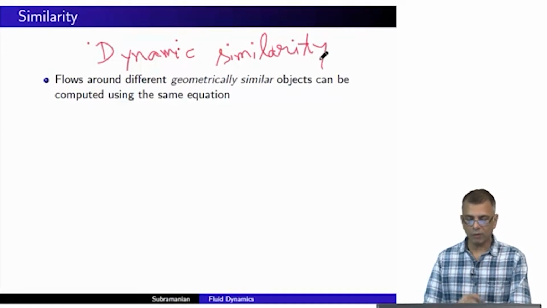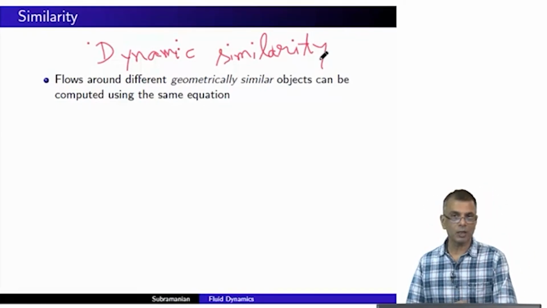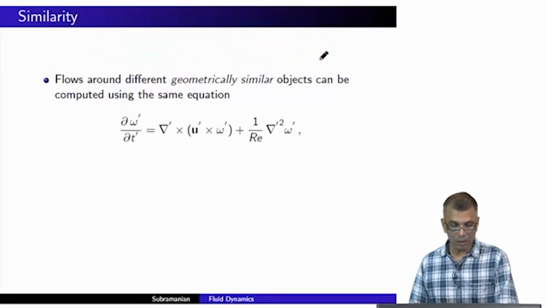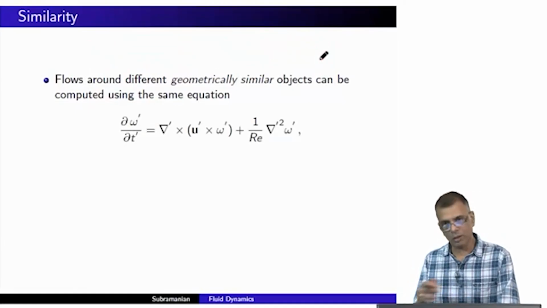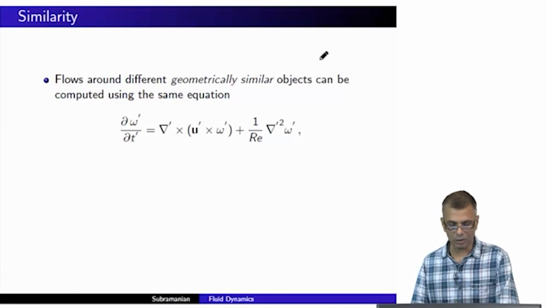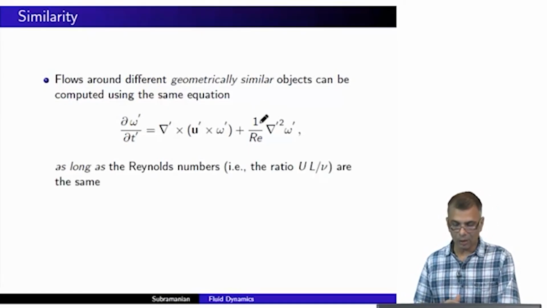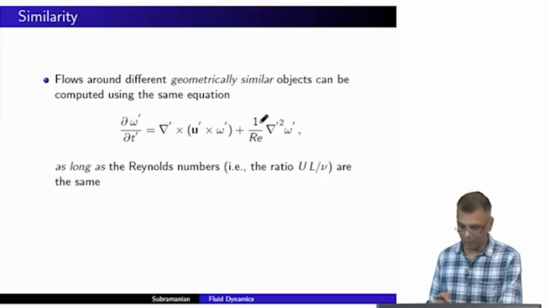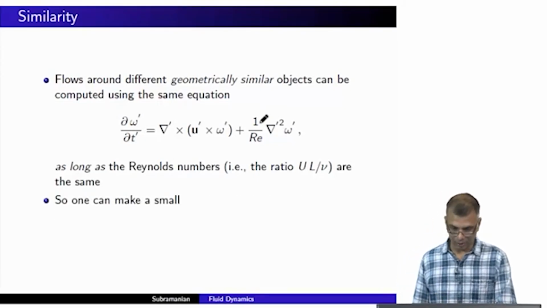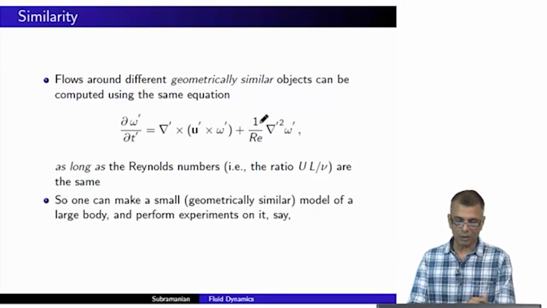Flows around different geometrically similar objects can be computed using the same equation, this or the non-dimensionalized Navier-Stokes equation, as long as the Reynolds numbers are the same. In other words, we will talk about this in a minute.